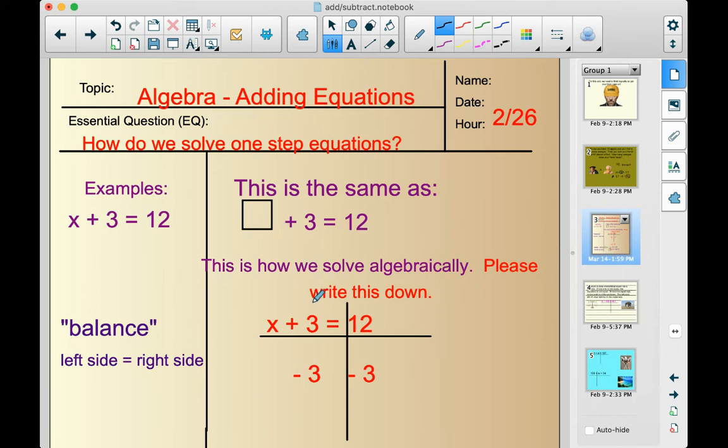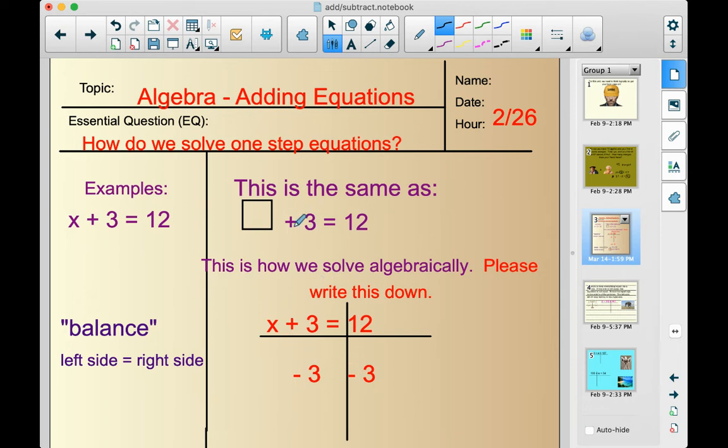Here's how we're going to solve this algebraically. And you might notice I put it right here. Please write this down. This picture right here, you're going to hear me refer to as train tracks. And train tracks is the process that we're practicing here. This is the thing that we're going to need to understand how to use, because this process and this idea will work for every equation you ever encounter.